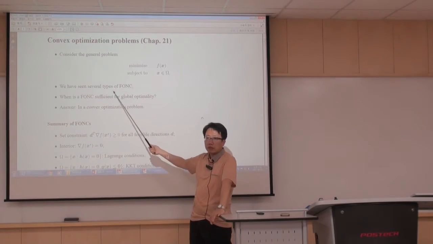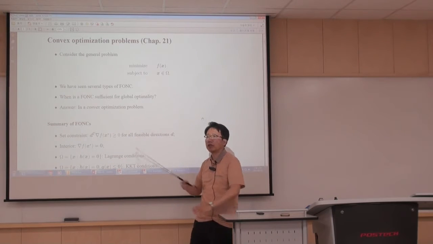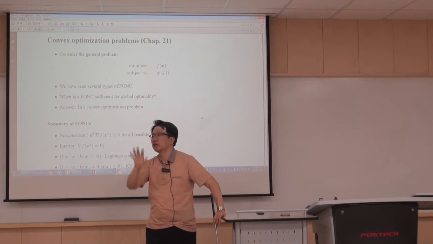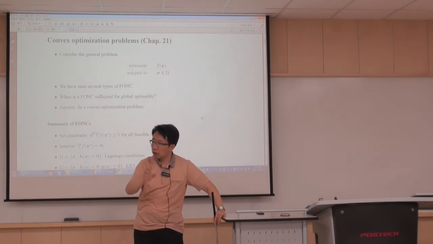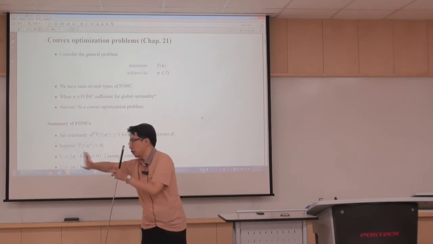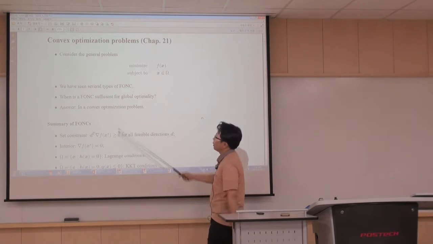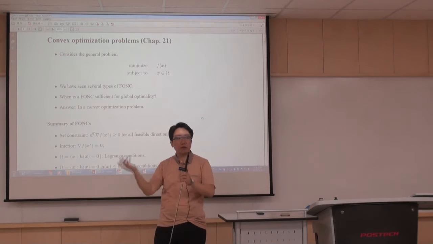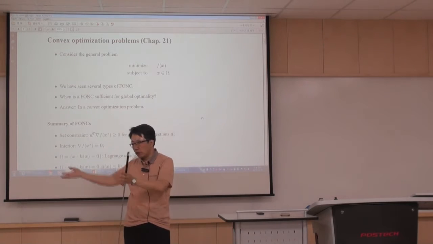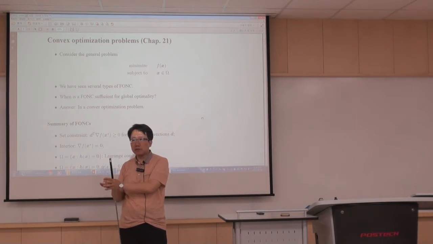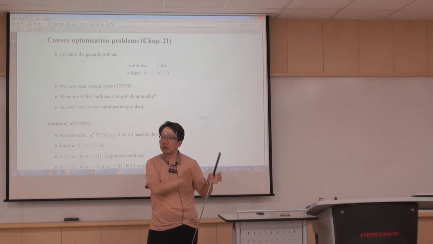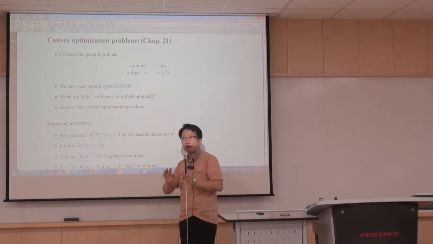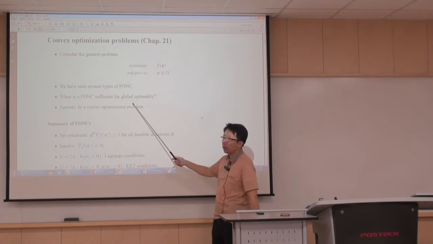Those first-order necessary conditions were usually stated in this form: if x star is a local minimizer, then some condition is satisfied. But here, it's not talking about the converse. The converse would be: if such conditions are satisfied, then x star is a local minimizer. We are not talking about that. We are talking about a stronger one, global optimality.